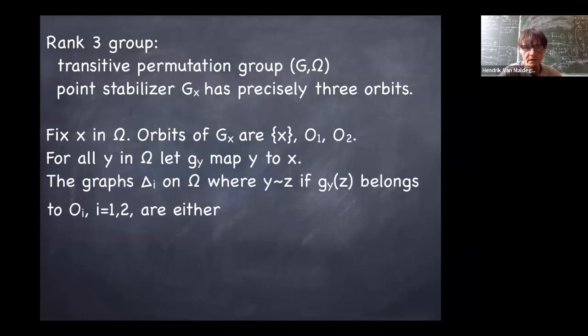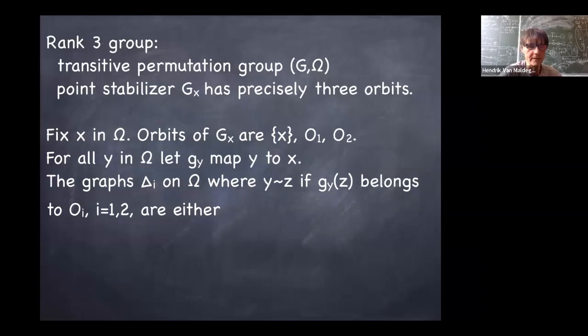Then you can make 2 graphs, in principle directed graphs. You say that y and z are adjacent if you apply g_y to z. If you apply g_y to y, you come back to x, right? So g_y of z then belongs to either O1 or O2.